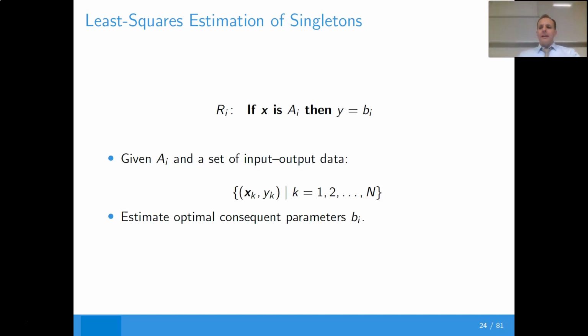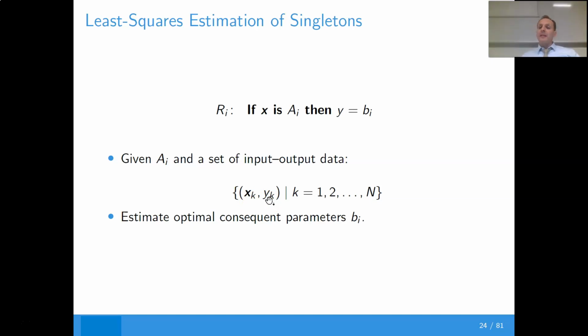So we have the single rule Ri, where i means the generic rule. If x, the input, belongs to the fuzzy set Ai, then the output corresponds to a singleton. So given the fuzzy sets Ai and a set of input-output data, normally represented, in the static case, as a vector of the independent variables xk and the dependent variable y.